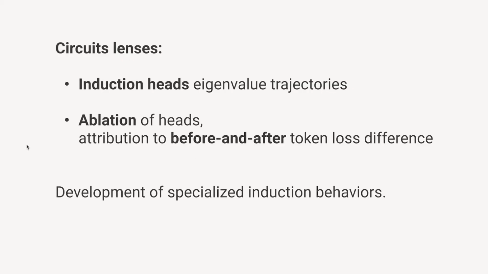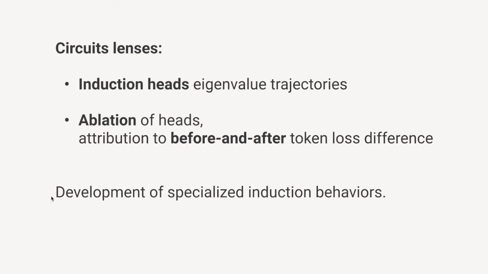There are two different lenses I'll present on the circuits here. The first is these eigenvalue trajectories of the induction heads over the course of the bump. I'll also do an ablation study where I remove the contribution of different heads, and I'll compare the deficits after removing each head to the specific difference that we see in that before and after token loss delta.